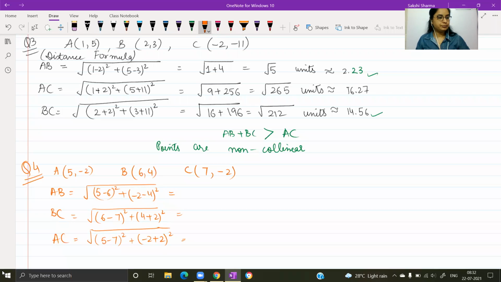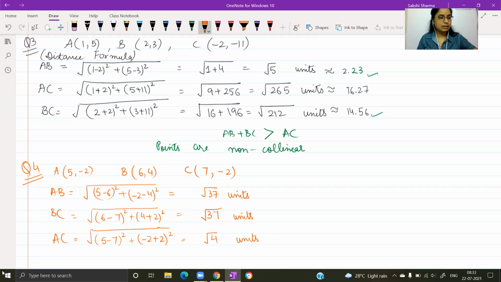Solve. Ma'am, AB under root 37. Okay. That's also 37. BC is also, yes ma'am, BC 37. AC under root 4.